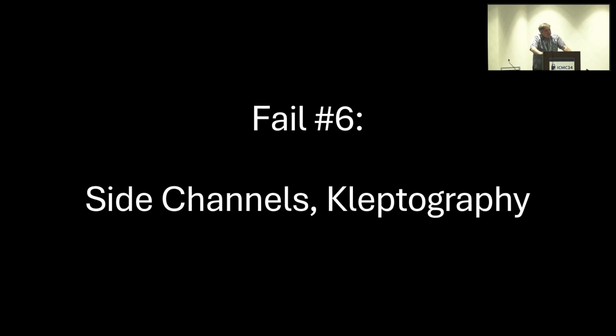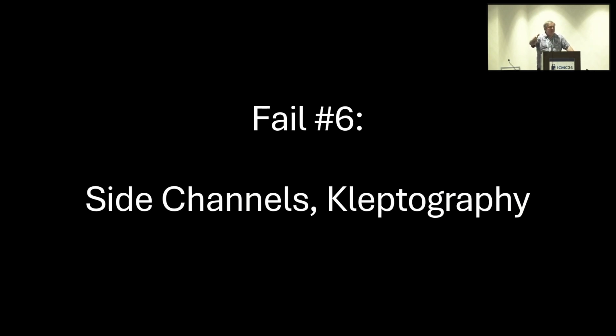Okay, another way that I see dragons coming is side channels and kleptography. The good news on the kleptography front is, when I started writing this talk, I was looking at those ML-KEM and ML-DSA private keys, all those huge matrices, and I'm thinking, oh, yum, I can really play some cryptography games here.